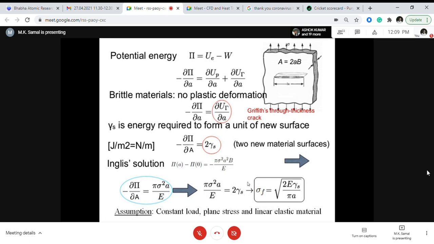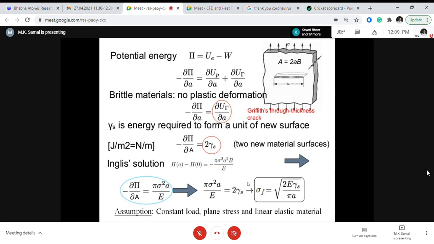Now, there are some limitations. That is why we are now studying the plastic zone, the effect of plasticity, and elastic plastic fracture mechanics. In actual reality, materials such as pressure vessel steel, which is a low alloy steel, or stainless steel, are not very brittle.